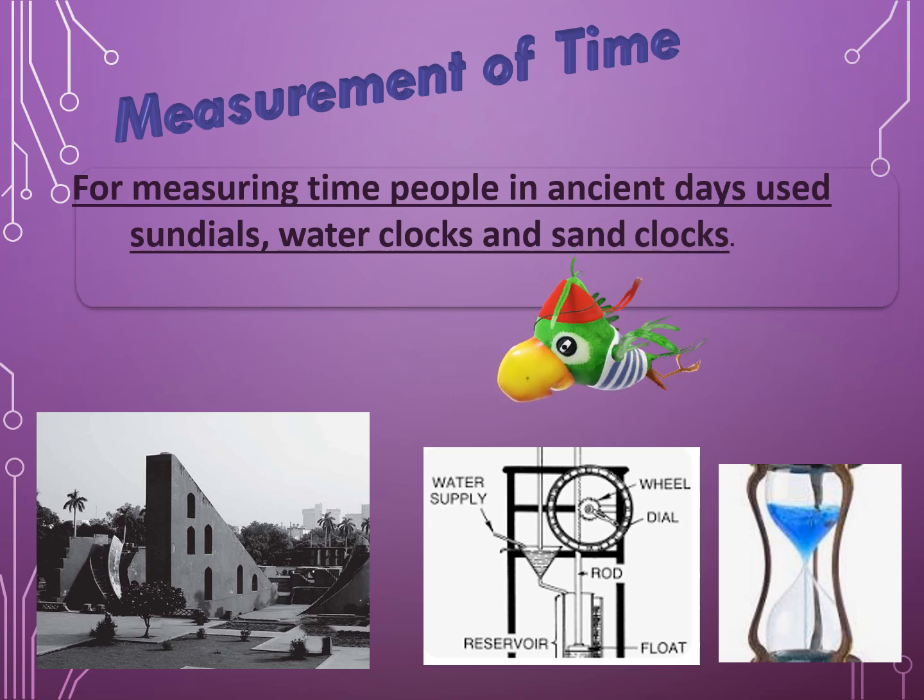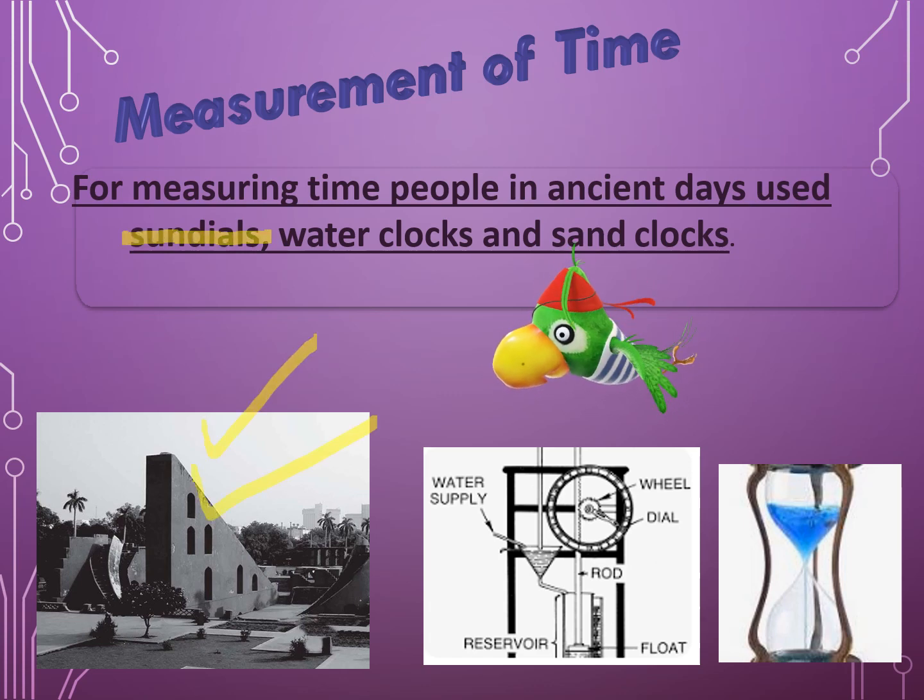As I mentioned at the start of this video, time is something that cannot be controlled by human beings, but we can measure it. Here are a few devices. Number one, sundials, which I also explained at the start of this video. Another is the water clock, used by people in ancient times. Then the sand clock.